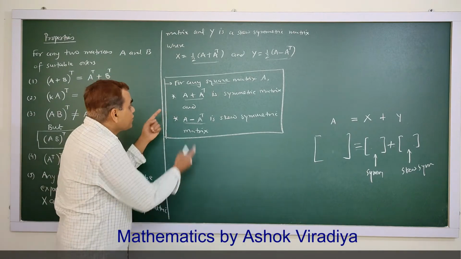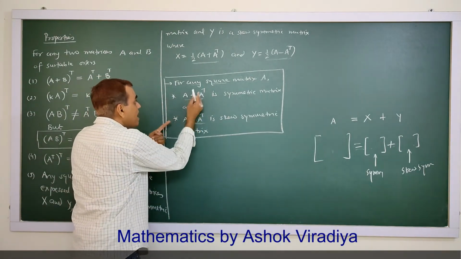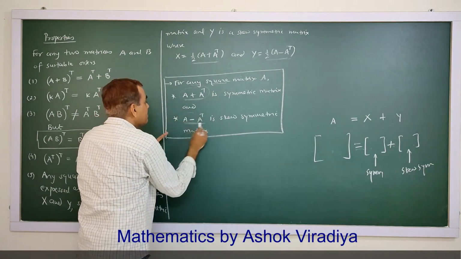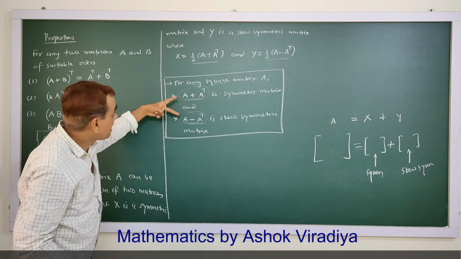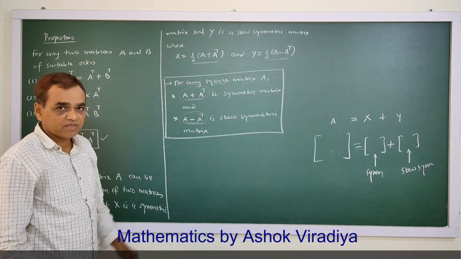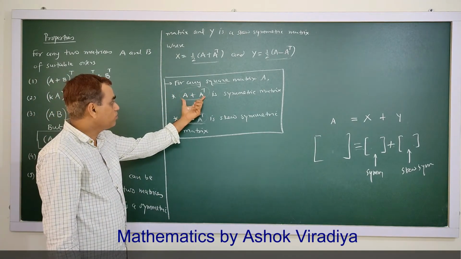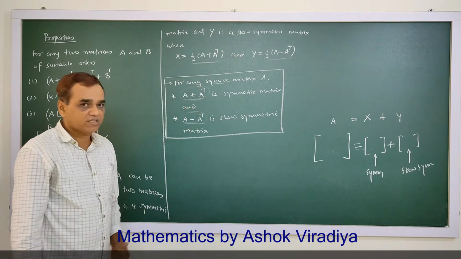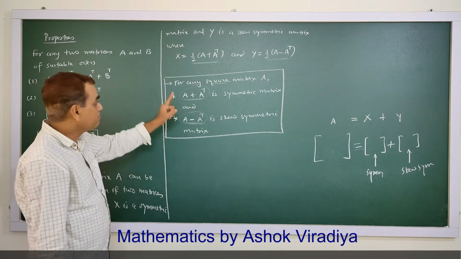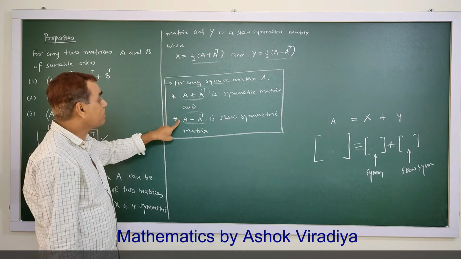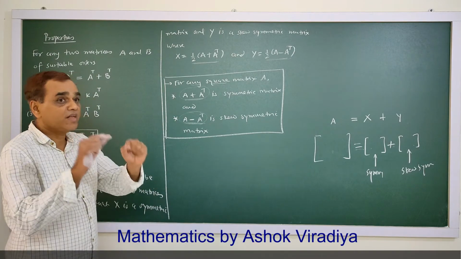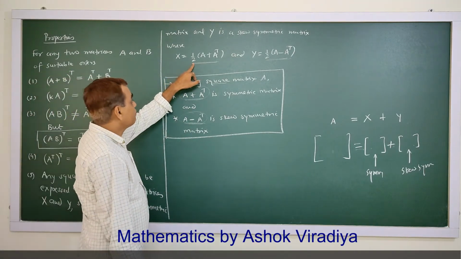And if you add these two matrices, the addition gives 2 times A. 2 times A is equal to this expression plus this expression. So A is equal to 1 by 2 times this expression plus 1 by 2 times this expression. That's why 1 by 2 is taken.